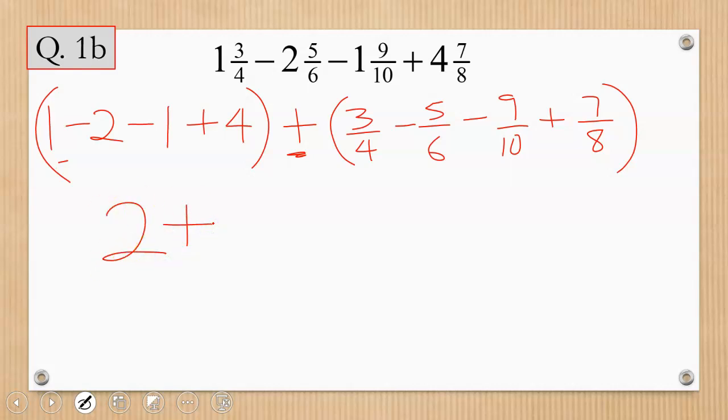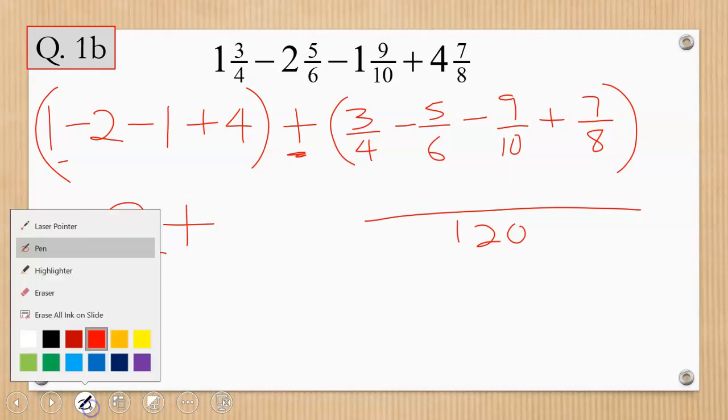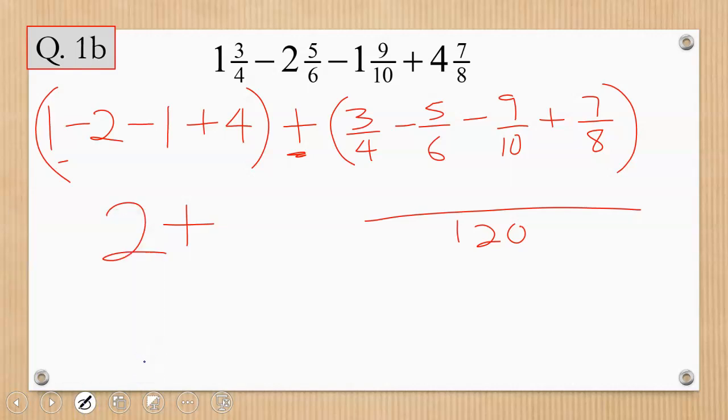Then plus, on the fractional part, I'm going to find the LCM. The LCM for 4, 6, 8, and 10, if you take your time and analyze it critically, will give you 120. So 4 divides 120 as 30, and 30 times 3 gives us 90.